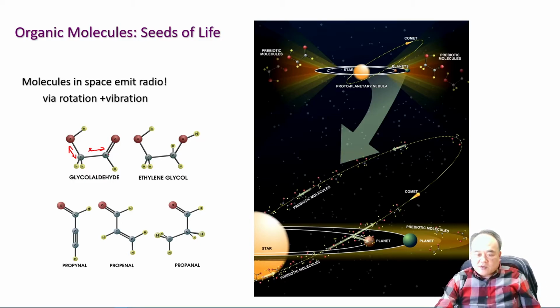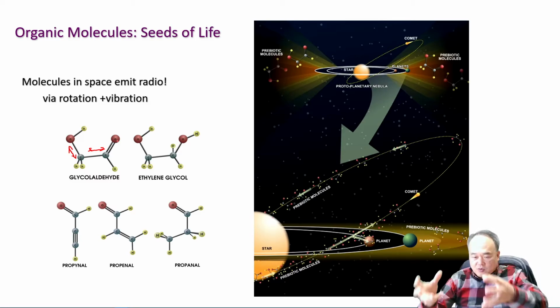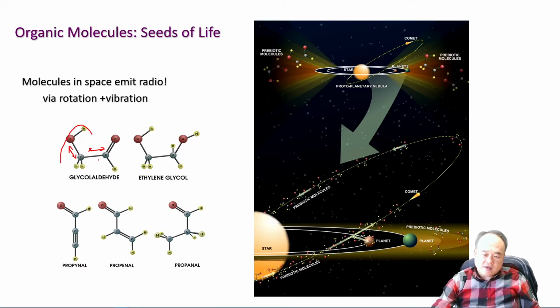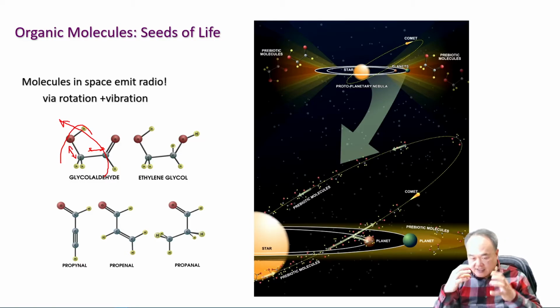And this double bond, carbon and oxygen, also has its own frequency. Not only that, the whole molecule can spin in one direction or the other direction, which has slightly different energy levels.